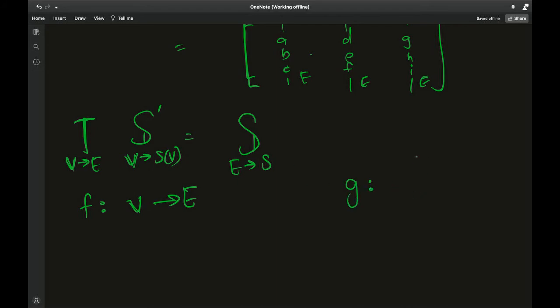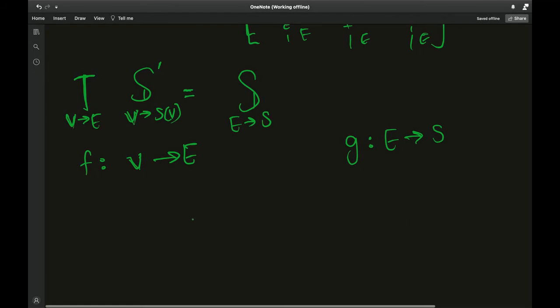Say this is a function g that takes input in E and spits out stuff in S. How can we set equalities when the domain and codomain of functions aren't matching? So, to tune things down: our S is from E to S, T from V to E, S dash from V to S of V.